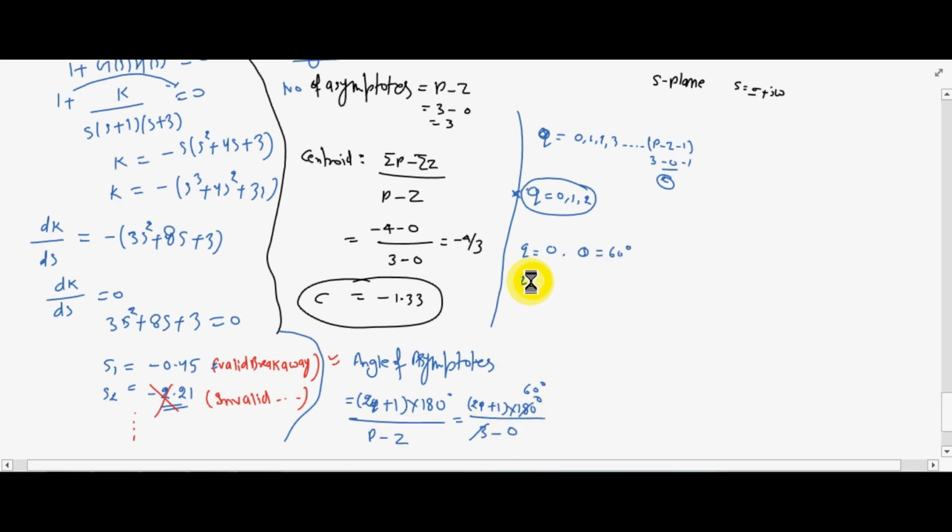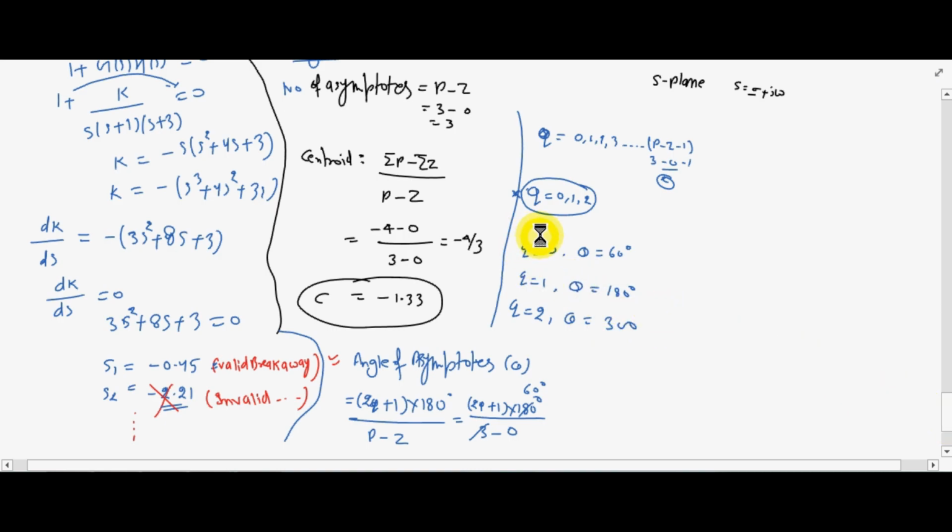When q is equal to 1, theta is 180 degrees. When q is equal to 2, theta is 300 degrees. Now these values have been calculated.